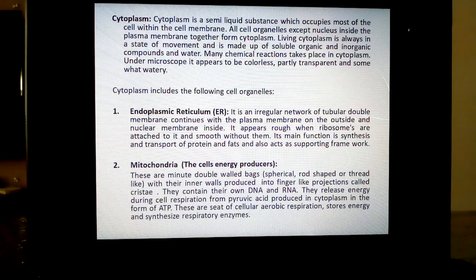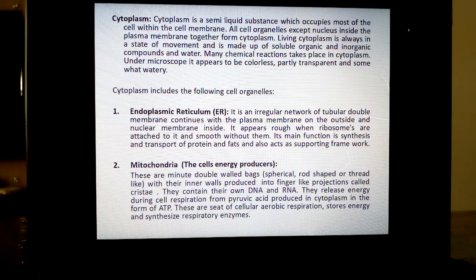What is meant by DNA? DNA is a chemical substance called deoxyribonucleic acid. RNA is ribonucleic acid. The name itself suggests these are acids present in the nucleus. So related with the nucleus, related with the cells. So they are called DNA and RNA.